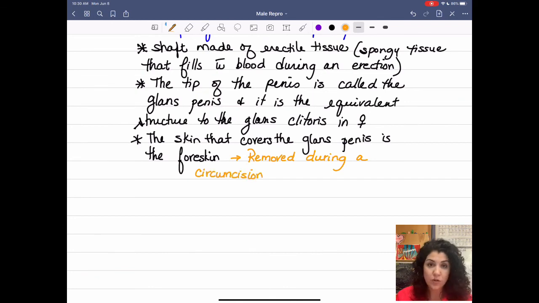So if your baby has been circumcised, then it's the foreskin that has been removed to release the glans penis. If not, the glans penis finds itself inside of the foreskin, okay?